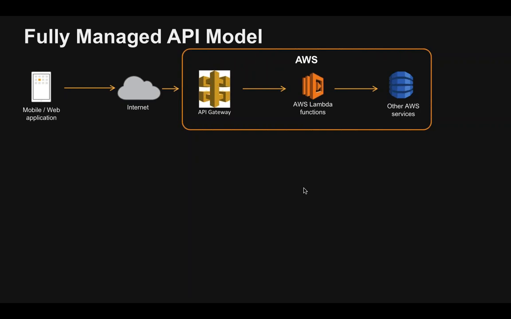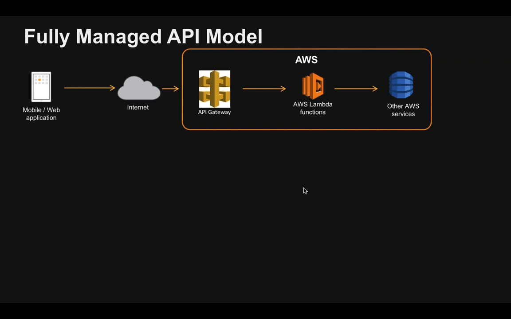So let's take a high-level look at this fully managed API model. This diagram shows the standard flow of an API call in this architecture. We'll be going deeper into each of these components as the webinar progresses. Firstly, a request from your application, a mobile or web application, or for that matter, even another backend service.